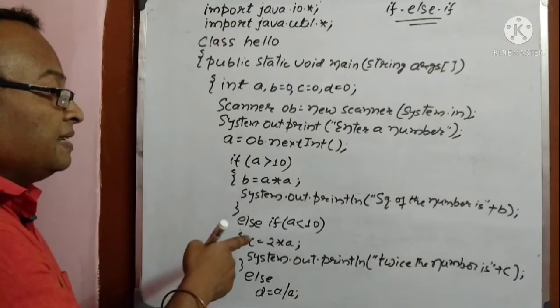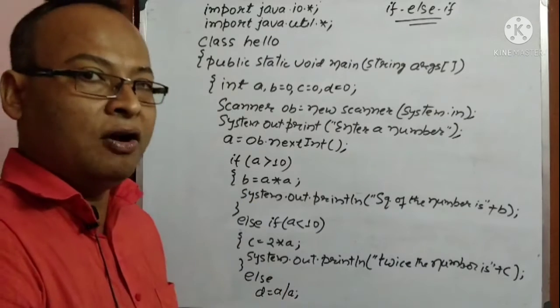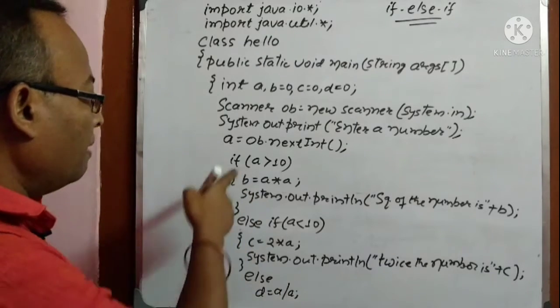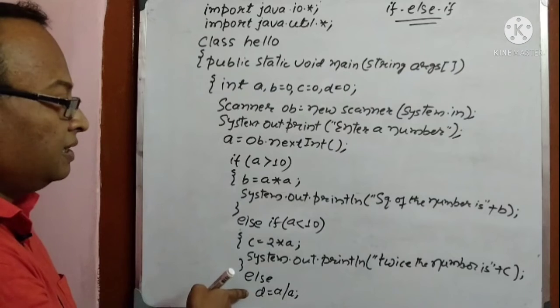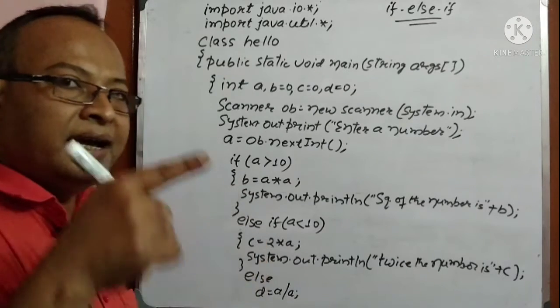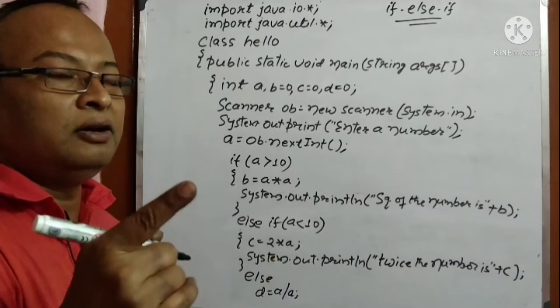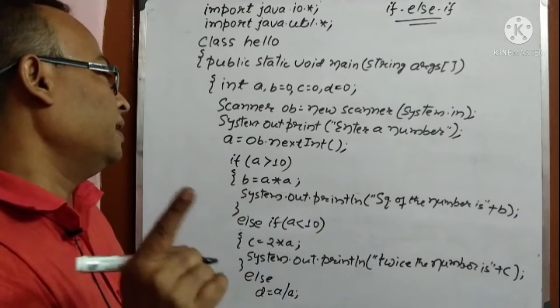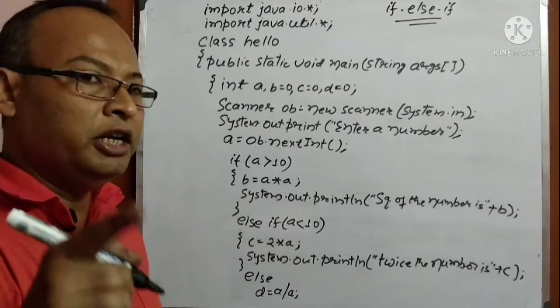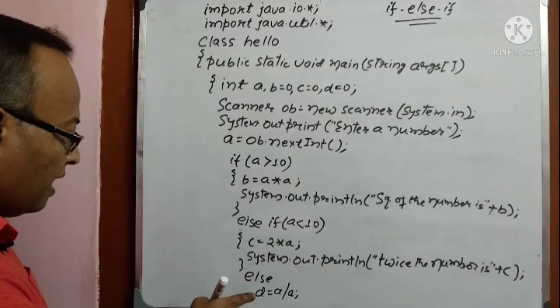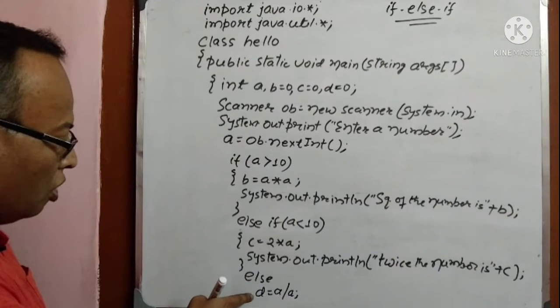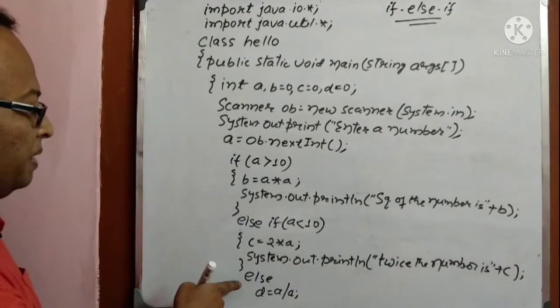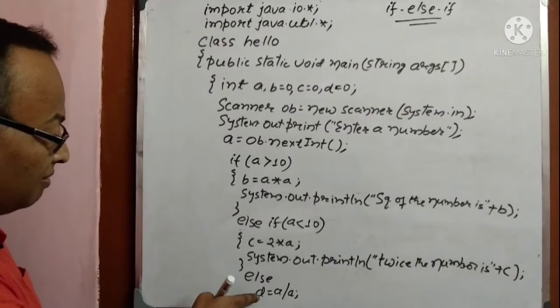And there may be a case that the user provides 10 only. So it will come to which condition? This condition. The user provides 10 during the runtime. So it is neither greater than 10 nor less than 10. So equal to 10. So it will come under the else part. So when this becomes the condition, then what I am doing?